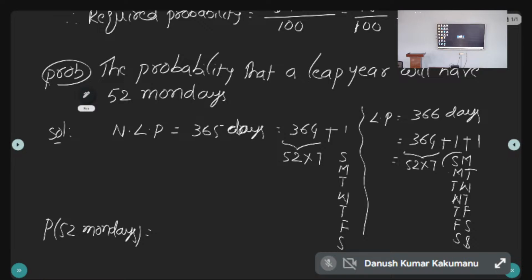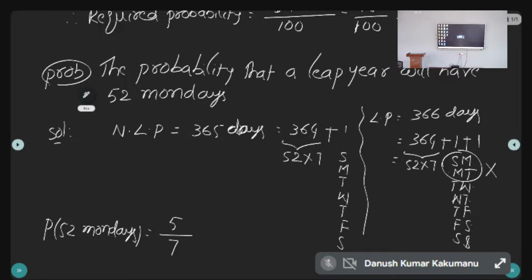Two of the possibilities give a 53rd Monday, so these two you remove. Remaining are 1, 2, 3, 4, 5. There are 5 favorable possibilities out of 7, so the answer is 5 by 7. Exactly 52 Mondays means no chance for a 53rd Monday.